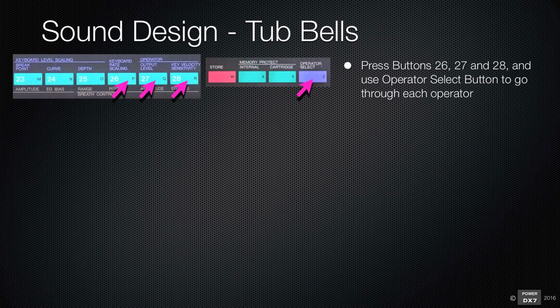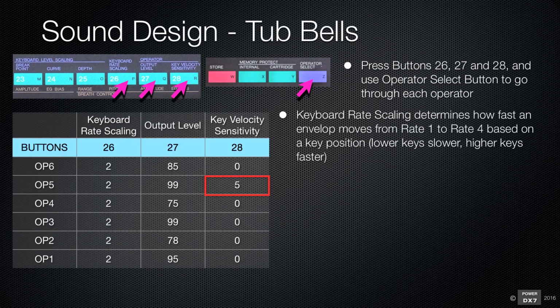Now, we will look into keyboard rate scaling, output level, and key velocity sensitivity. Press buttons 26, 27, and 28 and use the operator select button to cycle through all operators. Let's start with keyboard rate scaling.